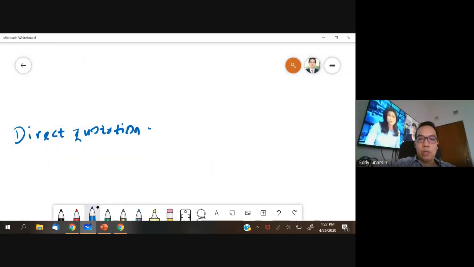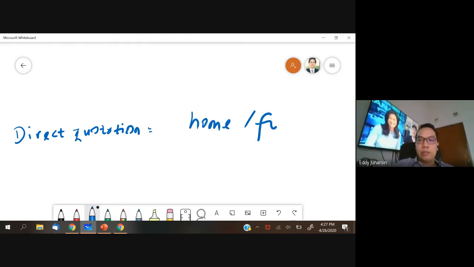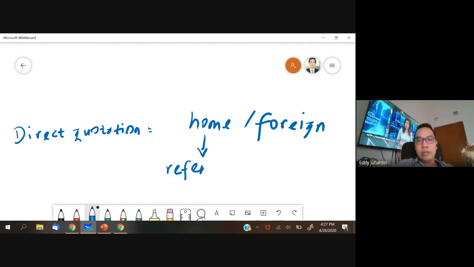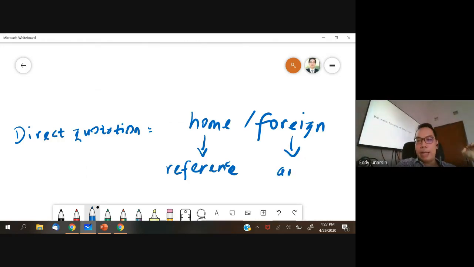So you quote it home per foreign currency, right? Okay, so we call it direct quotation. So the currency that you mentioned in front is called reference currency, while the one at the back is called the anchor currency.